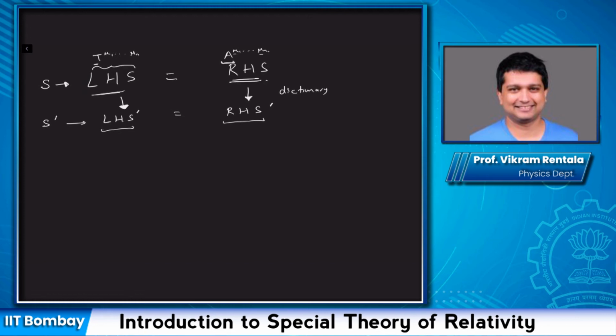In frame S prime, we know the transformation rule, which will relate this tensor to a new tensor, T prime. And similarly, A will be related to a new tensor. So what we see is, under Lorentz transformations, if the laws take this particular form, where one tensor of rank n is equated to a different tensor of rank n, in the frame S prime, the laws will take the form where the corresponding transformed tensor of rank n is equated to the corresponding transformed tensor of rank n.